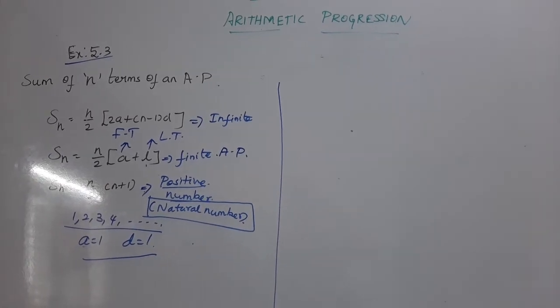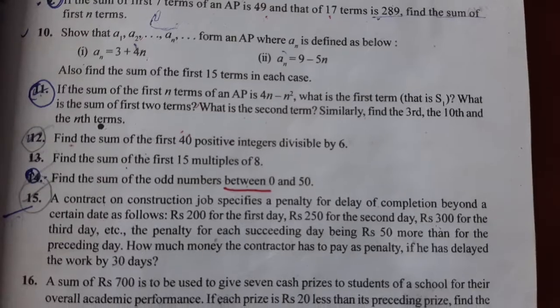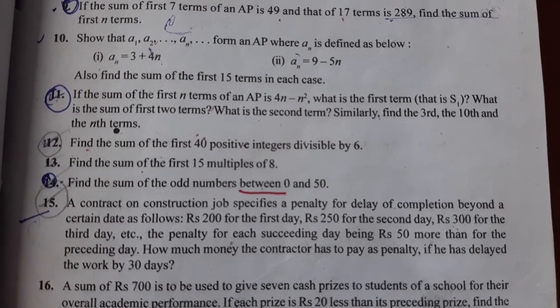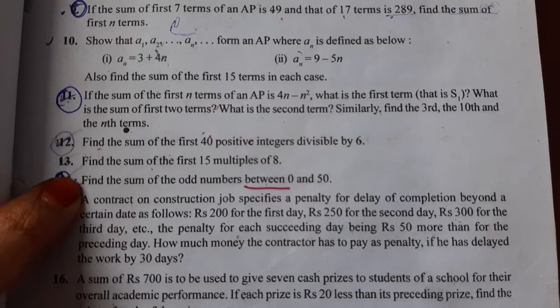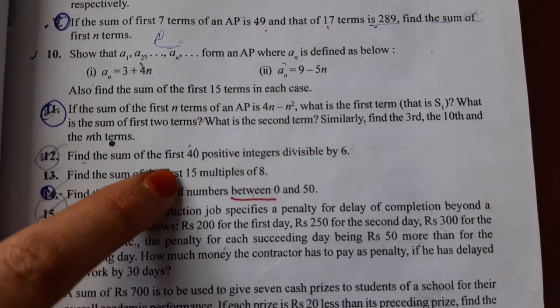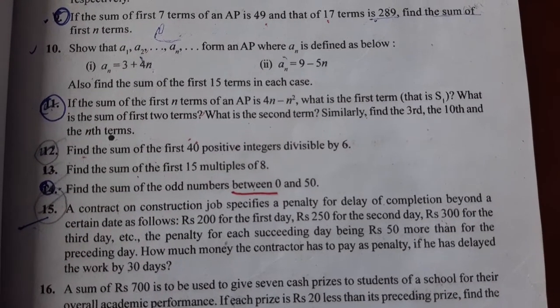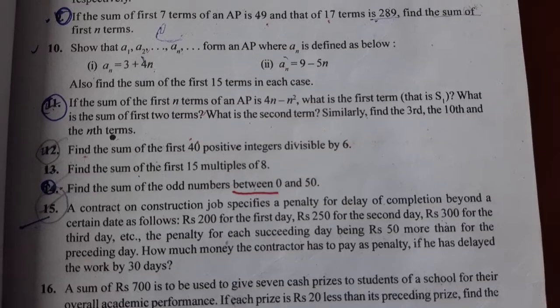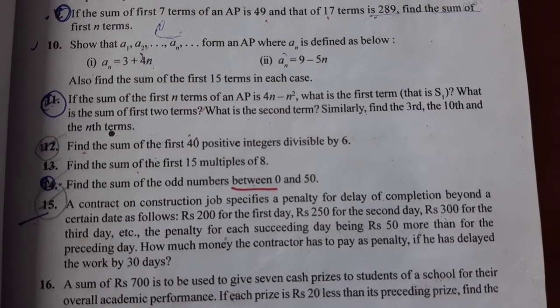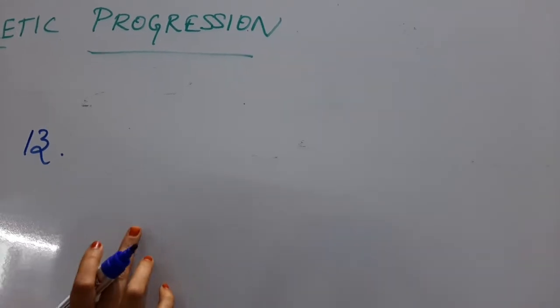Now see the first sum. As I told you, the first word sum I am picking here is question number 13. See, a single statement: find the sum of the first 15 multiples of 8. A single statement is given. We need to solve and find the sum of 15 multiples of 8.